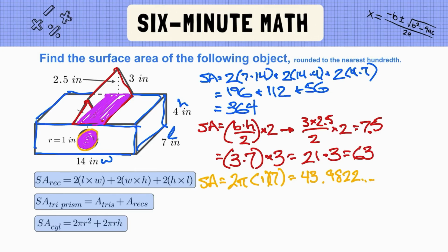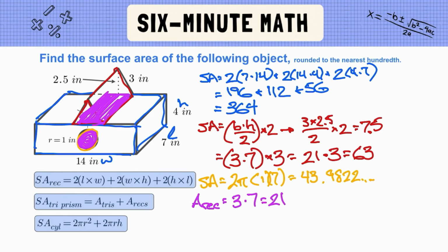So let's figure out that rectangle first. We have 3 times 7, so the area of that rectangle is 21.